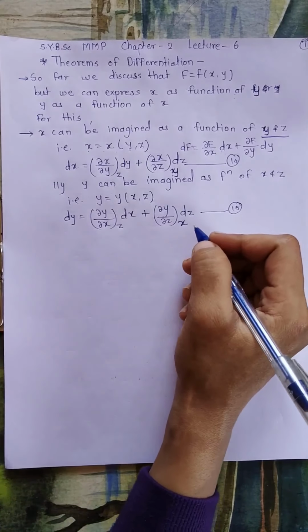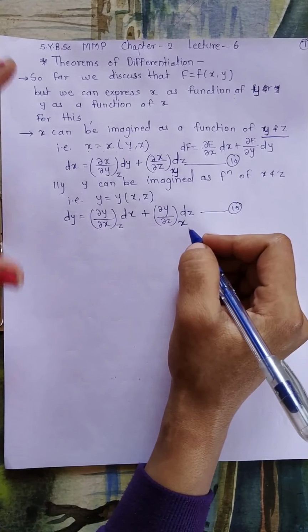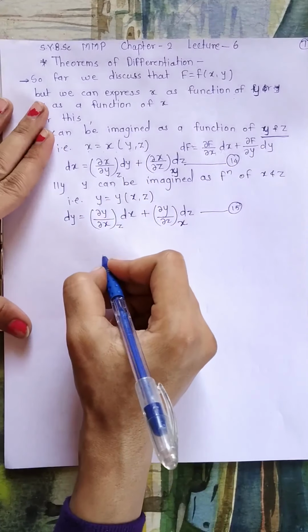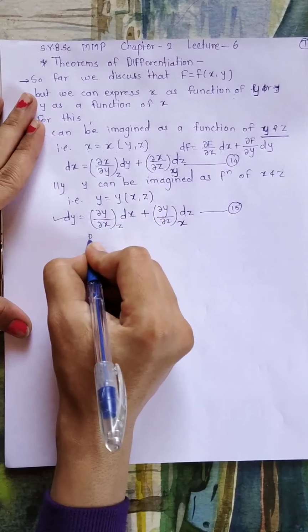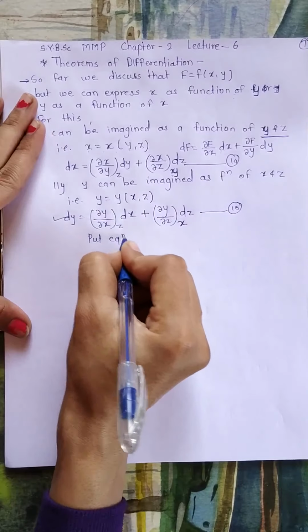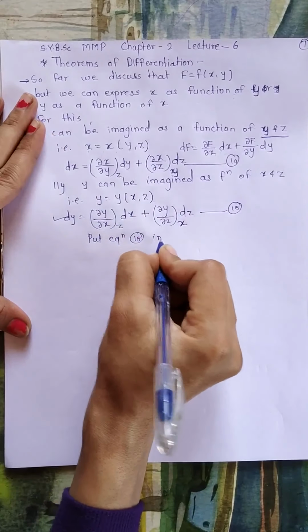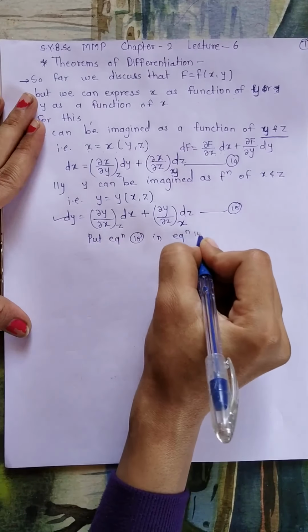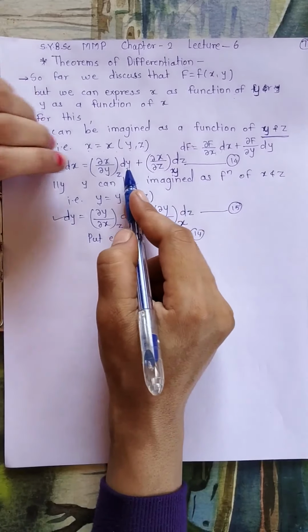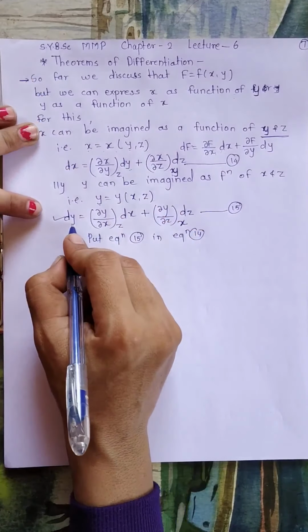Now we will put the value of dy, that is equation number 15, in equation number 14. So instead of dy, we put this value.